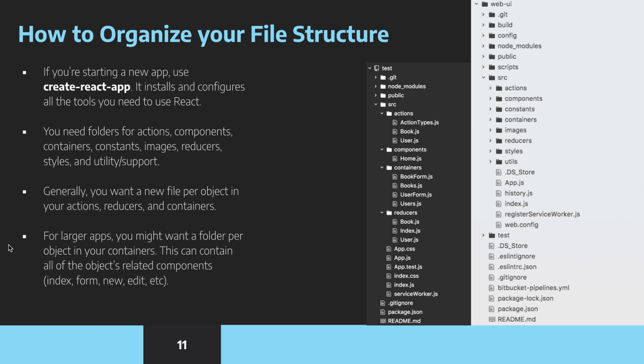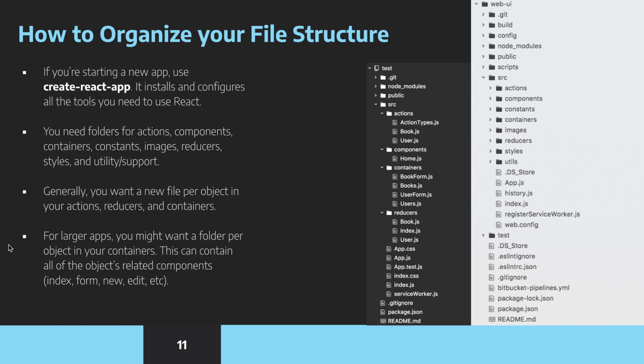For larger apps, you might want to consider a folder per object in your containers. This can contain all of the object's related components. If you don't have a folder per object, basically all of your components are just listed out in that containers folder, and it can get a little bit unwieldy once you get past 20 to 30 components.